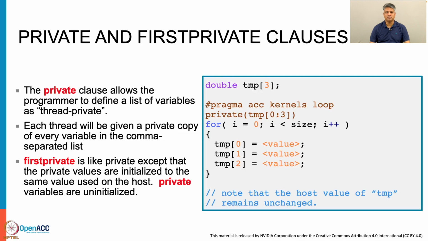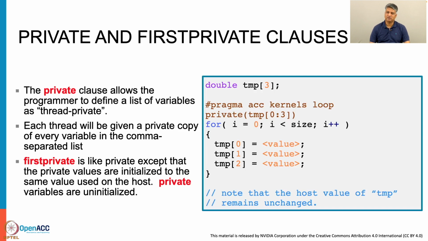The other important clauses are the private and firstprivate clauses. The private clause allows the programmer to define a list of variables that are thread private. That means each of the threads will have its own personal copy, and this is given by a list of variables using comma separation.